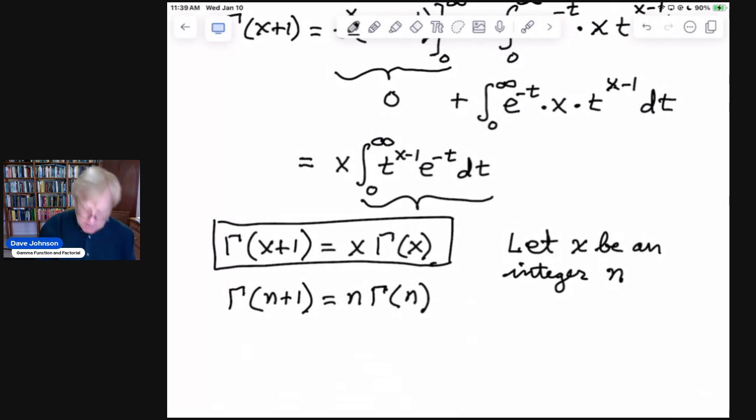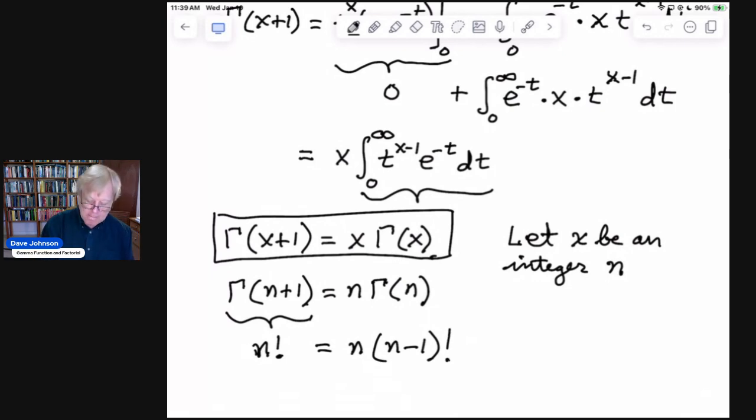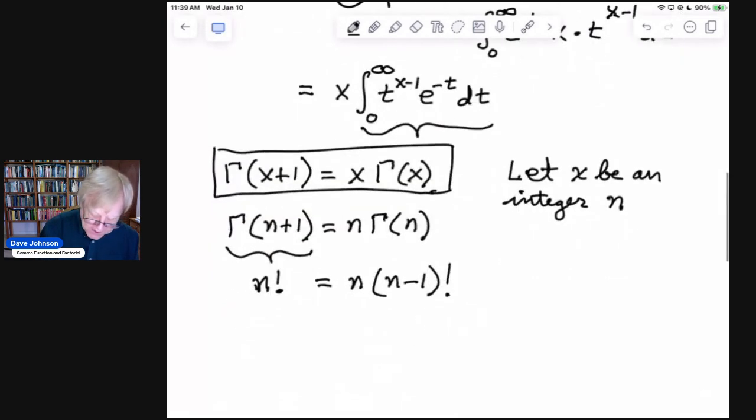But gamma of n plus 1, if you think about what's going on here, if this is going to be any sort of factorial property, this is going to have to be n factorial, because then that would be n times n minus 1 factorial. Okay, so that's what we're looking for. But what does that imply?